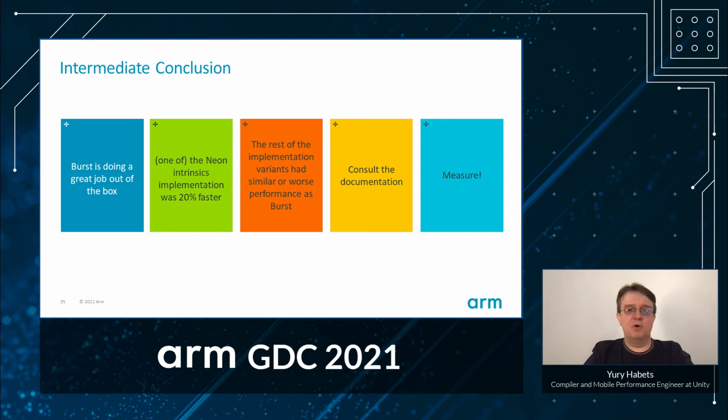But the effort is worth it. 20% improvement on dot product is a great result brought by using C# Neon intrinsics. What I wanted to say is don't hesitate to consult the manuals to better understand what's going on. And of course, measure, measure, and measure again. Now on to Ben, who will look into a practical example a bit more complicated than just dot product.